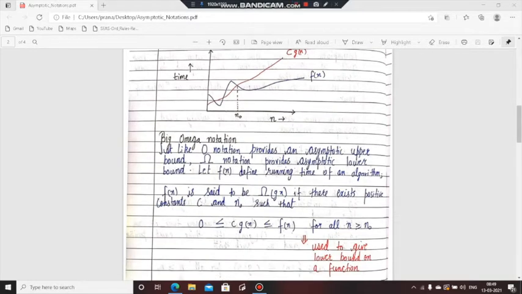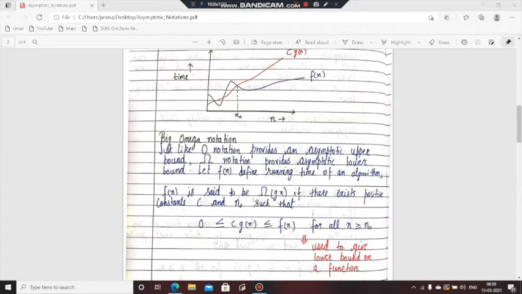Now, the second notation is big omega notation. It's just like big O notation. As big O notation provides us with the upper bound, on the other hand, big omega notation provides us with the lower bound.